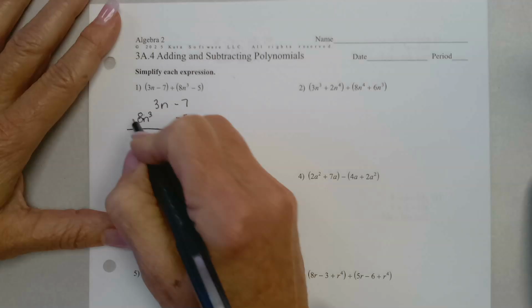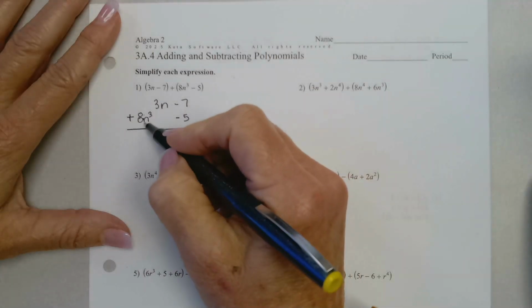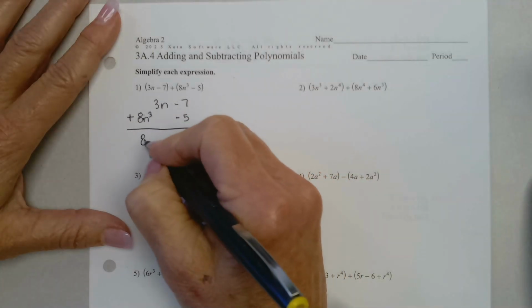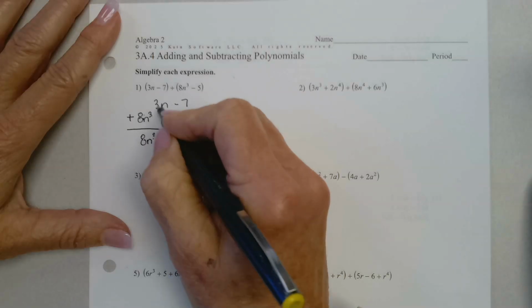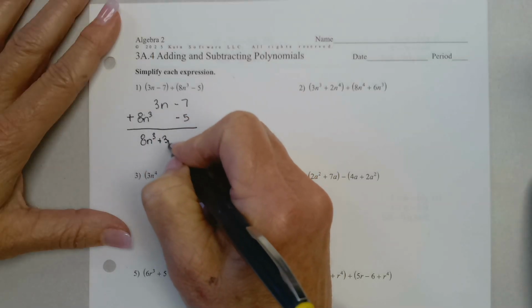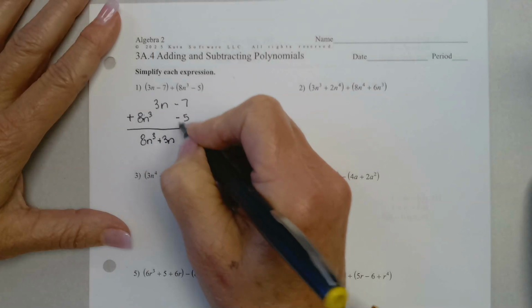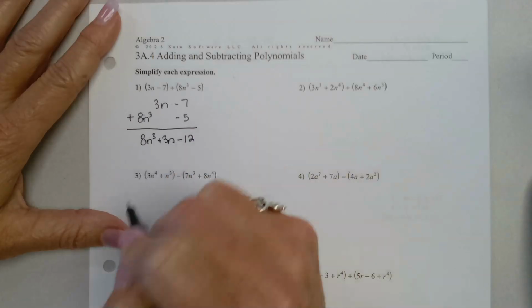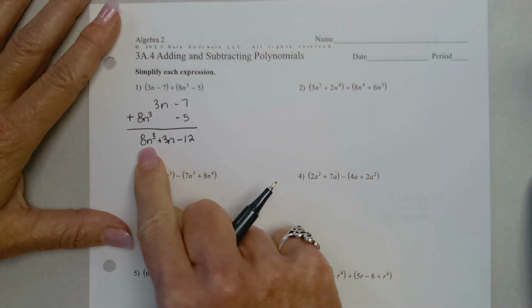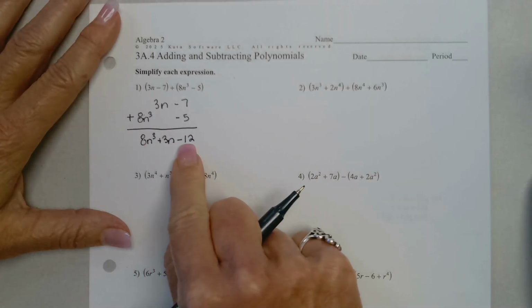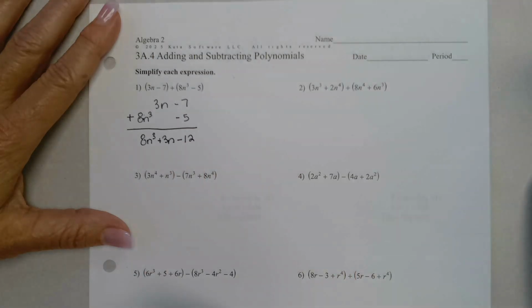So when you're going through here, you just have 8n to the third plus a 3n minus 12. Make sure you put it in descending order, and you only combine the terms that are like.